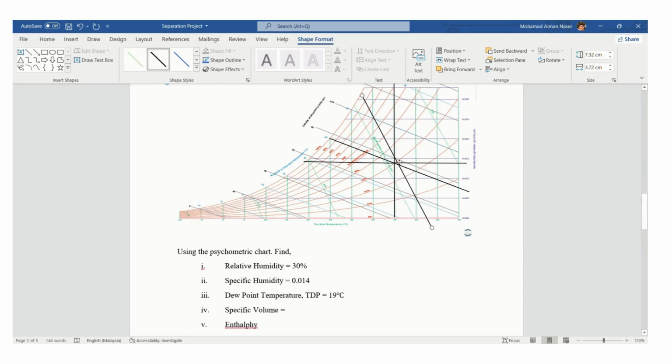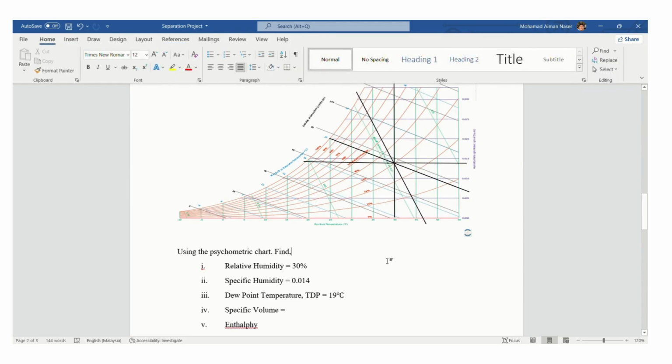Here's the point and it's the line of specific volume. Now the specific volume line is between 0.9 and 0.95, but the line is near to the 0.9. So we assume that the specific volume is 0.91.